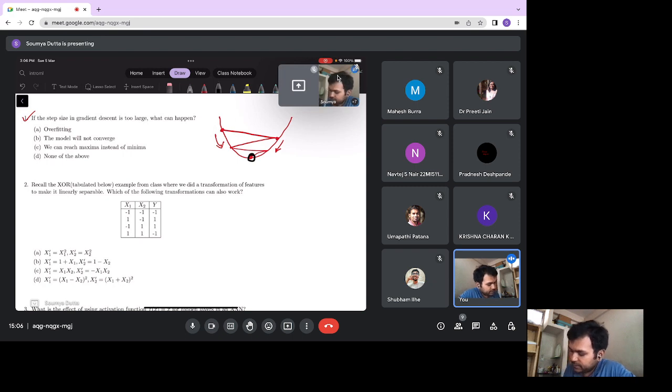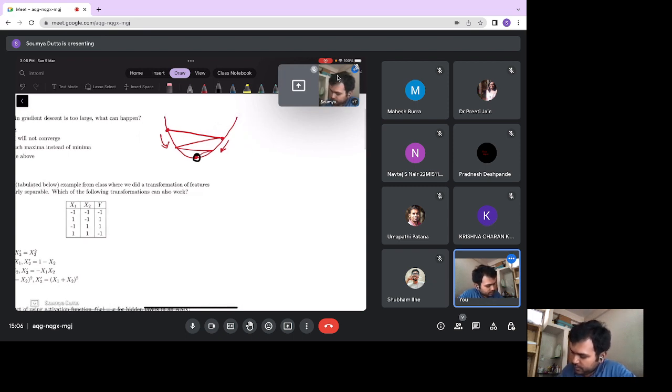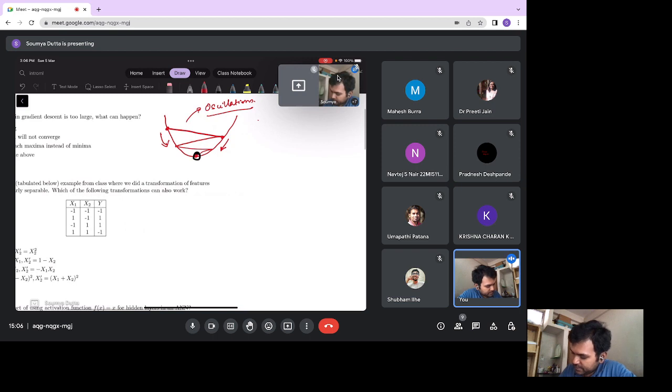This will lead to many oscillations. So this is one possible way in which you can understand the step size of your gradient descent being very large. The other way is, in the same context, if you have a bigger step size than the one I just showed on the left, you will move somewhere here.